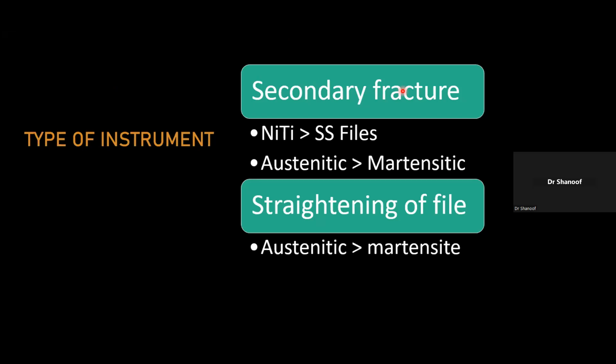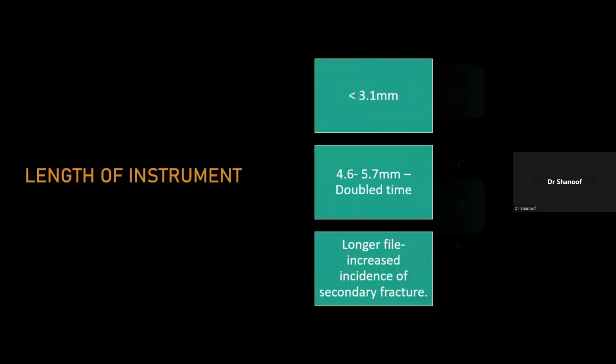NiTi files in austenitic form tend to fracture more frequently than martensitic files. These austenitic files always press against the outer curvature of the canal, making instrument retrieval more difficult, and it takes more time for the preparatory stages.